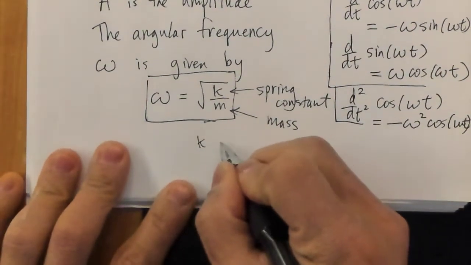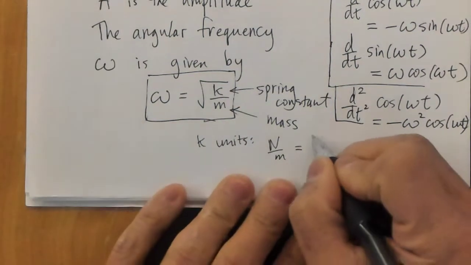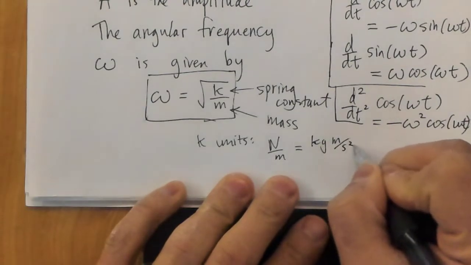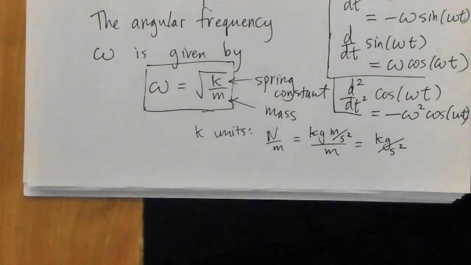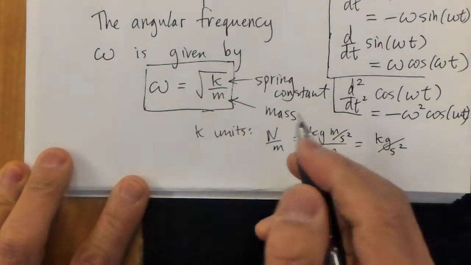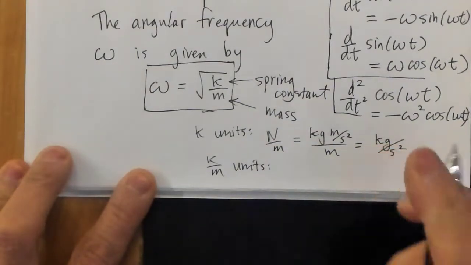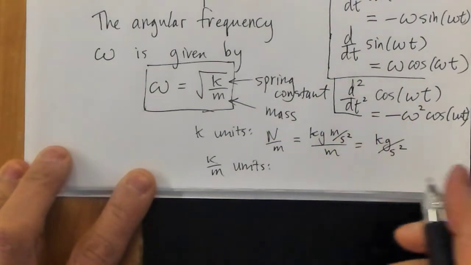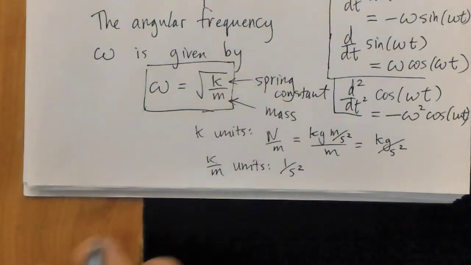So k has units of newtons divided by meters, but a newton is kilogram meters per second squared, divided by meters, and so it's kilograms per second squared. Okay. Now if I divide by m, which has units of mass, then k over m has units where the kilograms go away, leaving one over seconds squared. Everybody's good on that? And now if I take the square root of that, it gives me one over seconds, which is the units for omega.